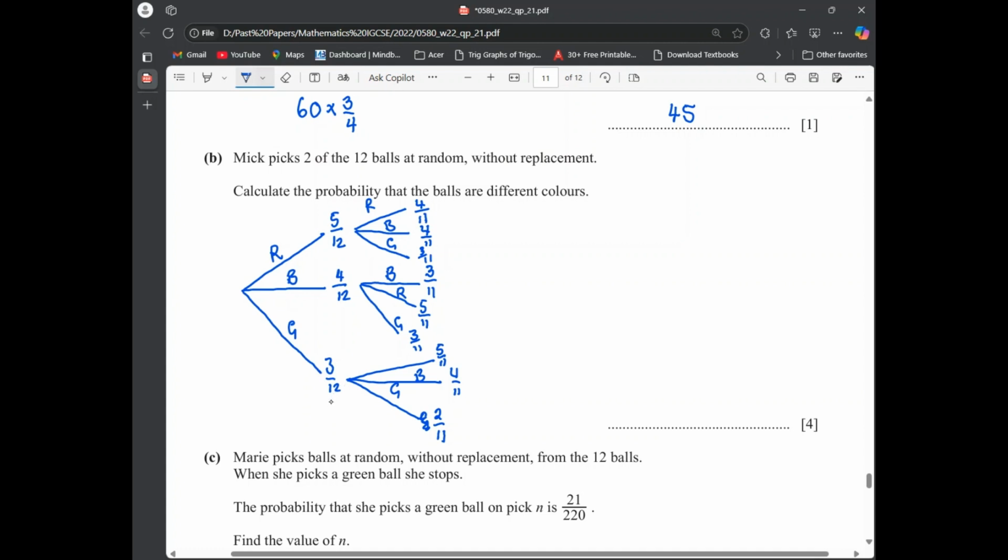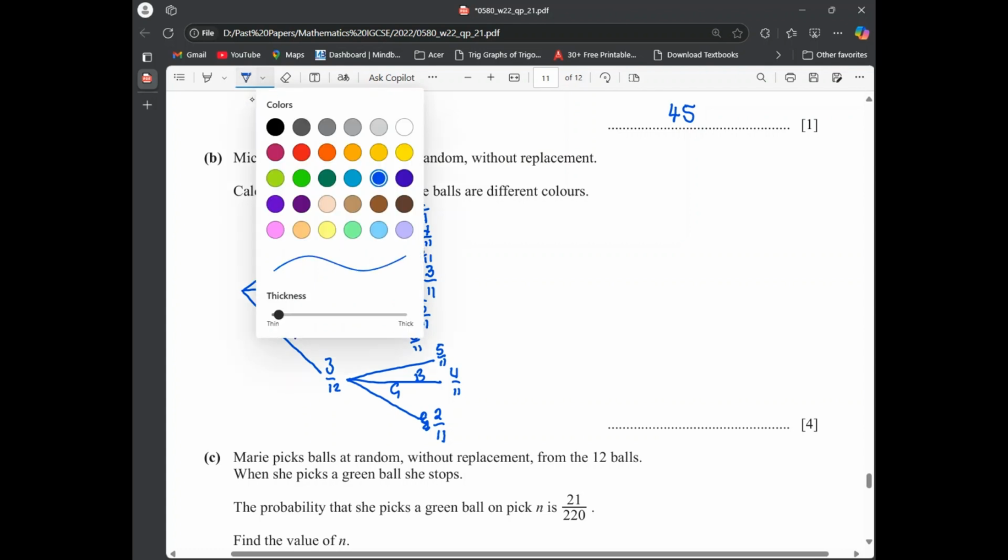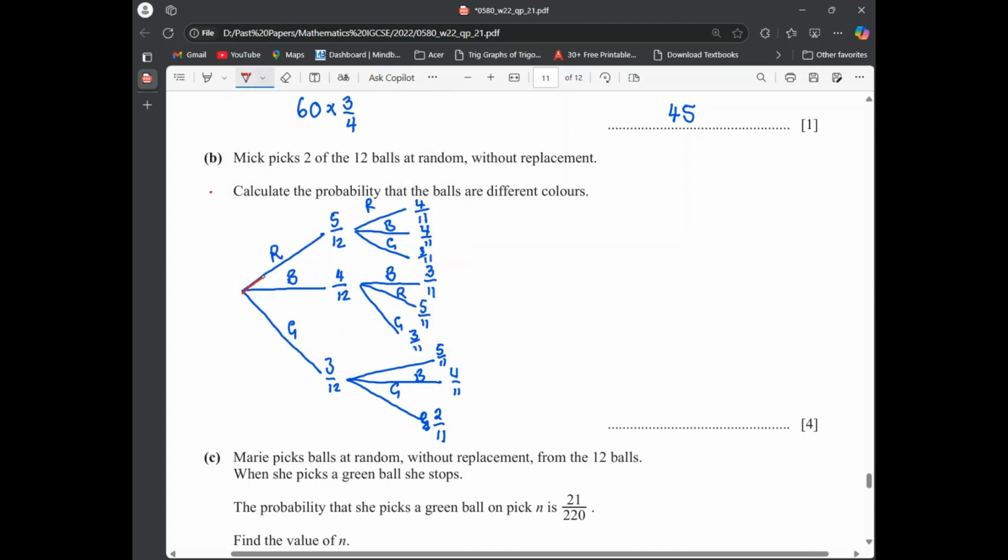The question is calculate the probability that the balls are different colors. Right now, let's see which ones are the different colors. Red and blue, or red and green. Let's calculate those.